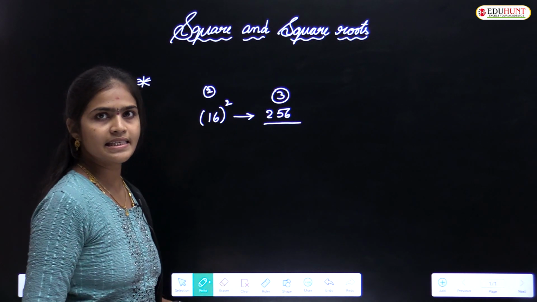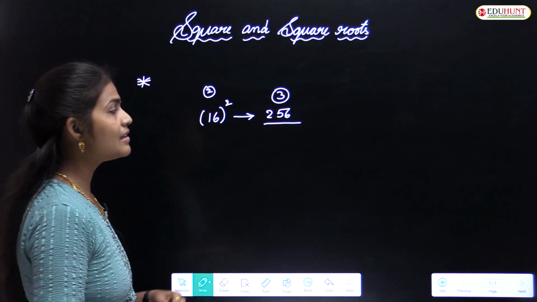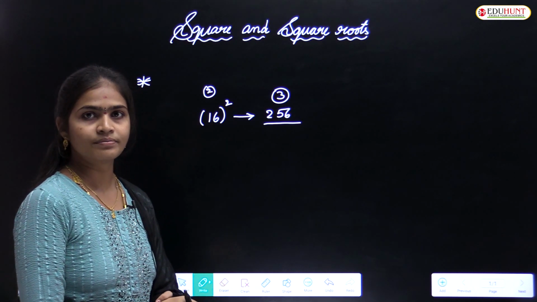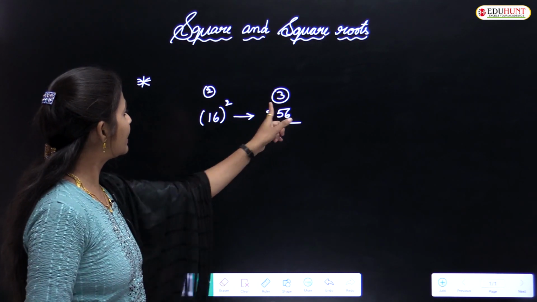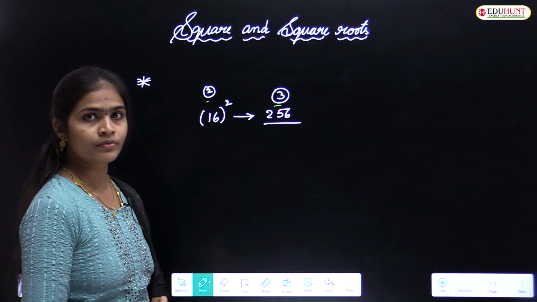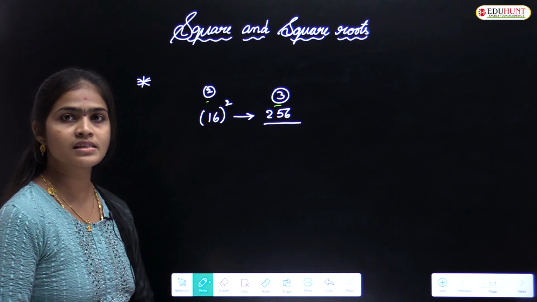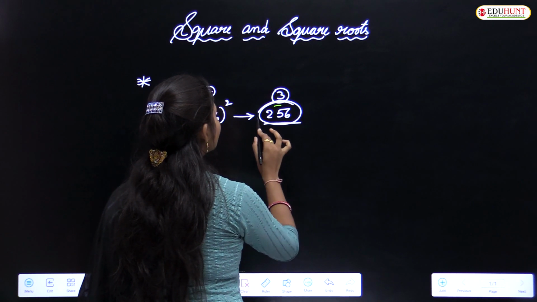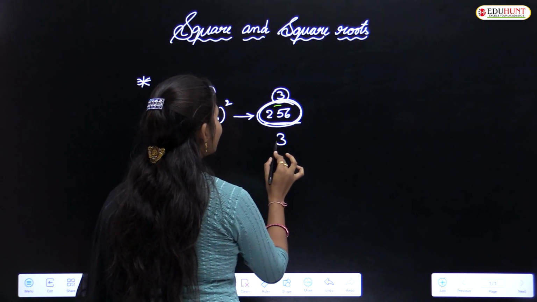But my question is, how many digits are there in the square root of that number? How can we find that? The square has 3 digits, no?